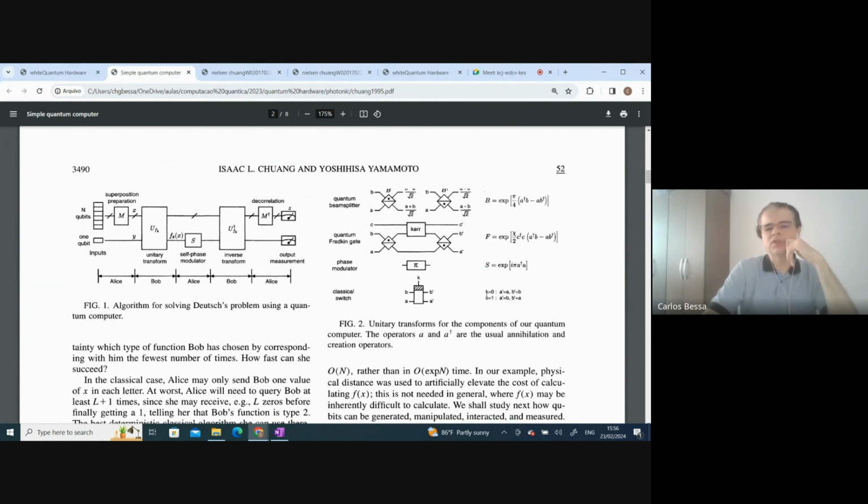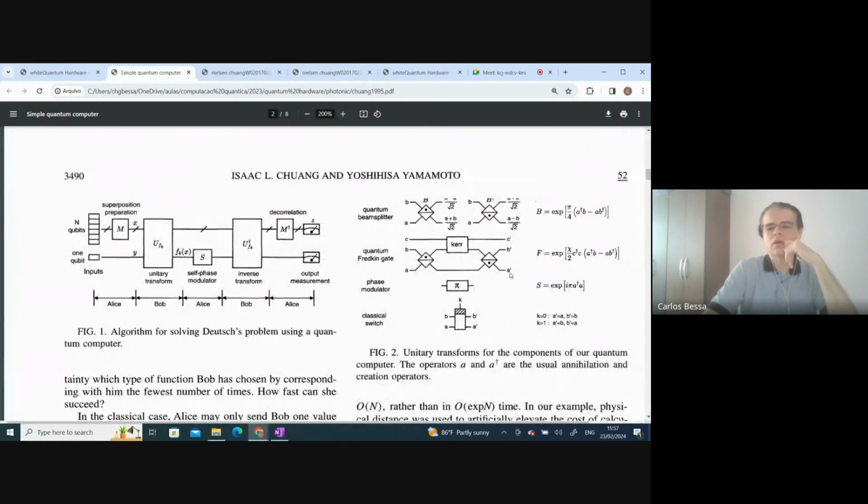Basically what it does is, when this k here is 0, a prime is equal to a, b prime is equal to b. So basically when k is 0, it's like the switch is off.